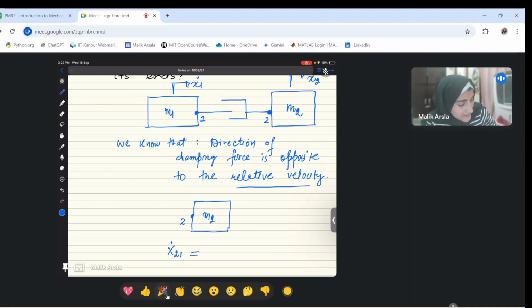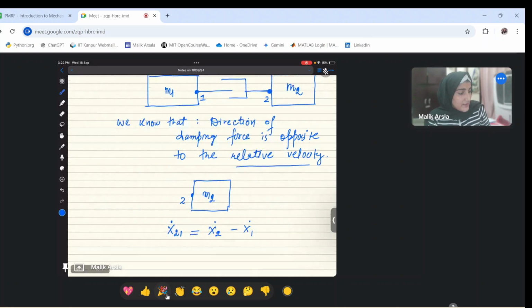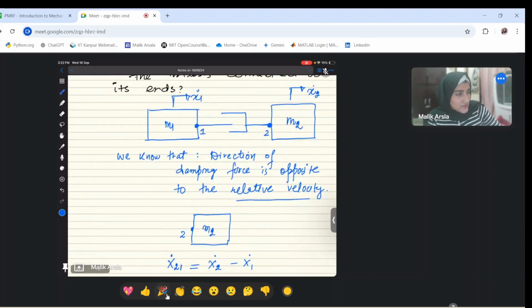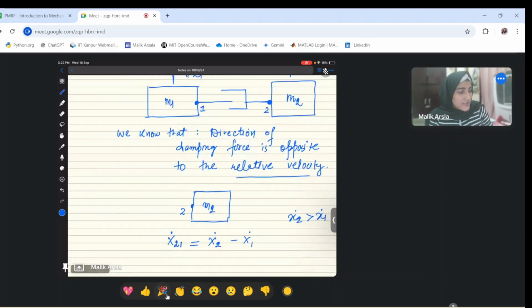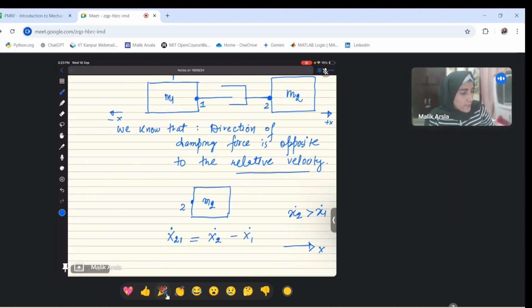So it will be equal to x2 dot minus x1 dot. That is the definition of the relative velocity. I have assumed that x2 dot is greater than x1 dot here. This is the relative velocity of this point, and the direction is to the positive x. Let me consider this is positive x and this is negative x. So it's to the positive x.